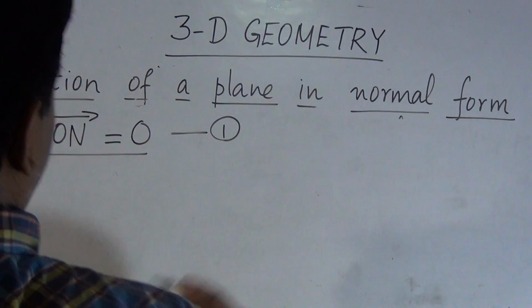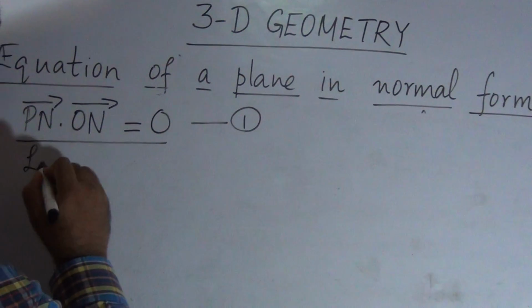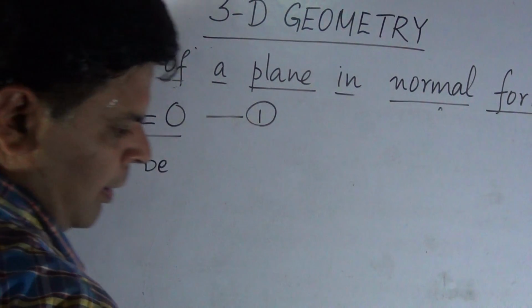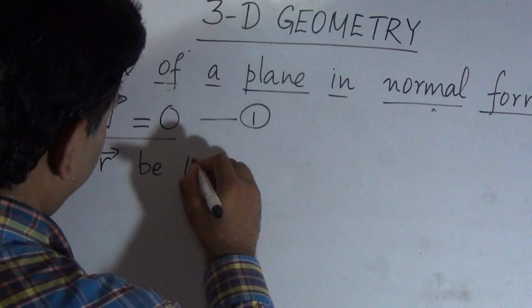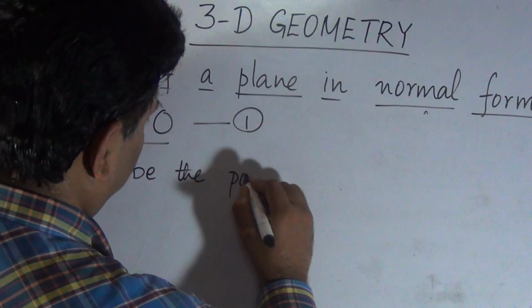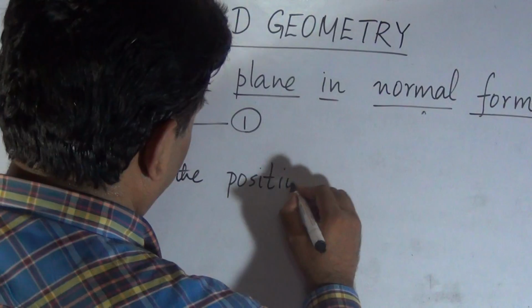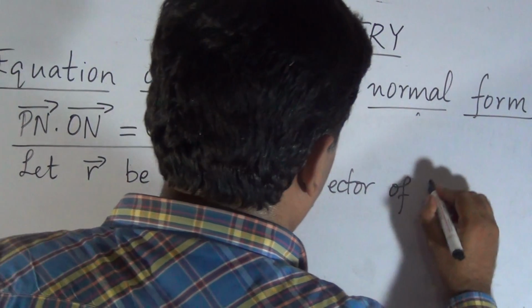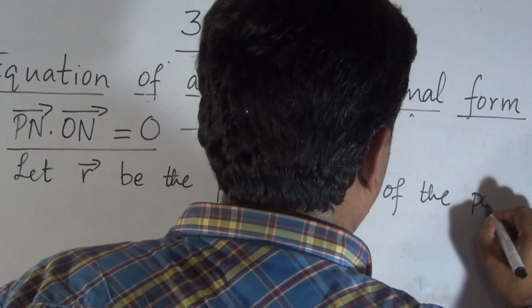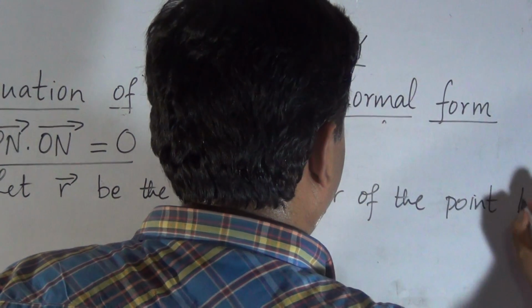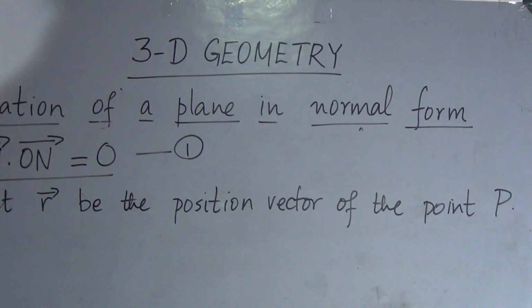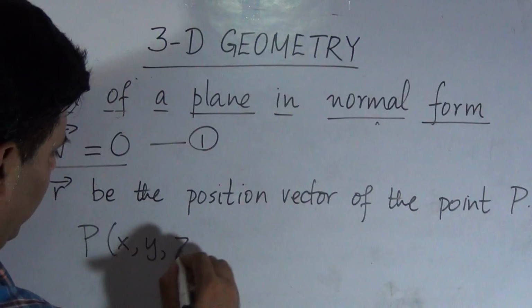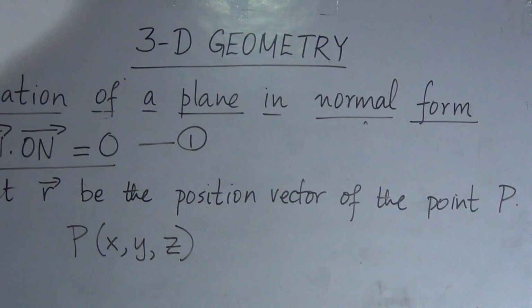Now, let R be the position vector of the point P. So if P is x, y, z, what will be R?